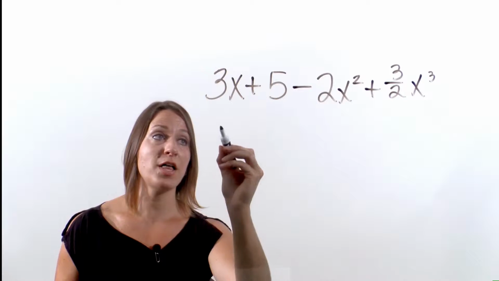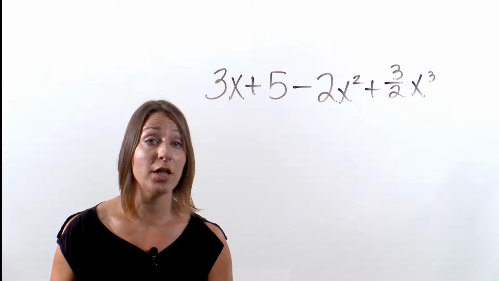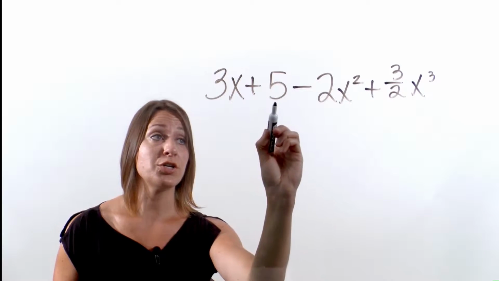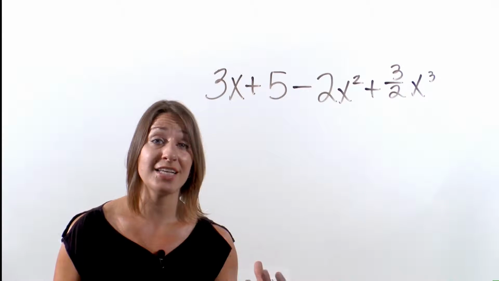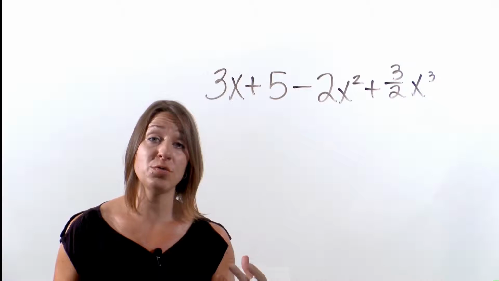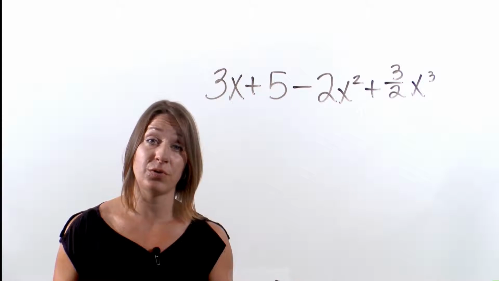Okay, so here's the polynomial that we built using our terms. Remember, a polynomial is terms separated by an addition or subtraction sign. Now, algebra has a lot to do with order, and so you may hear the expression, put your polynomial in descending order.